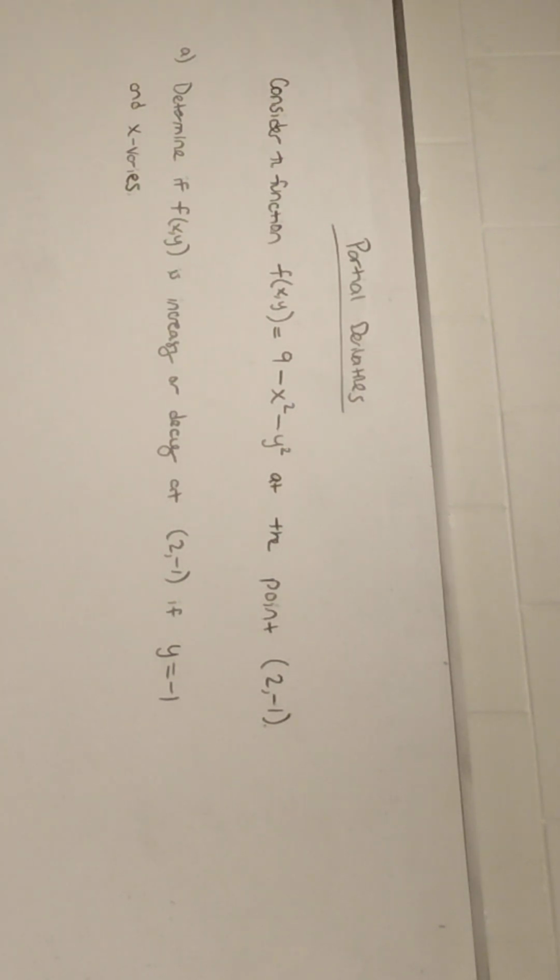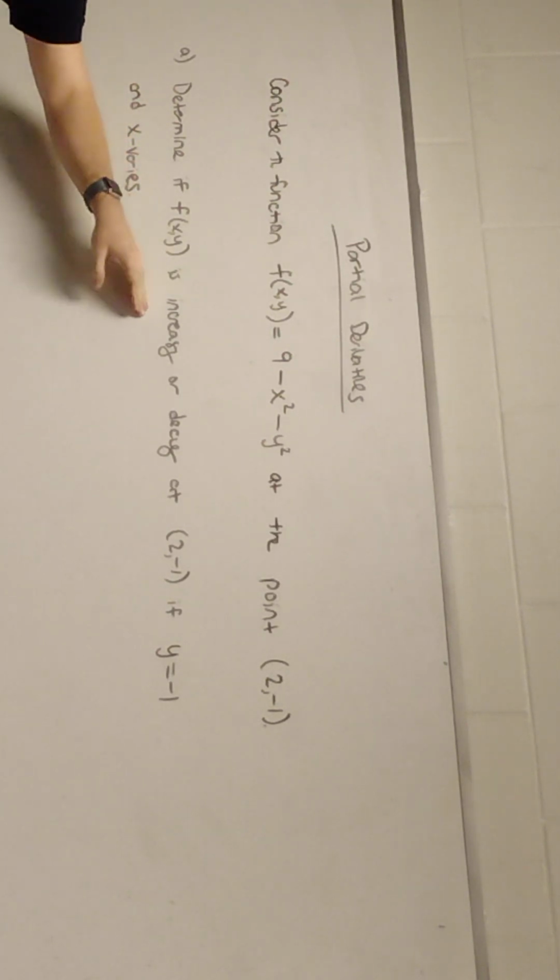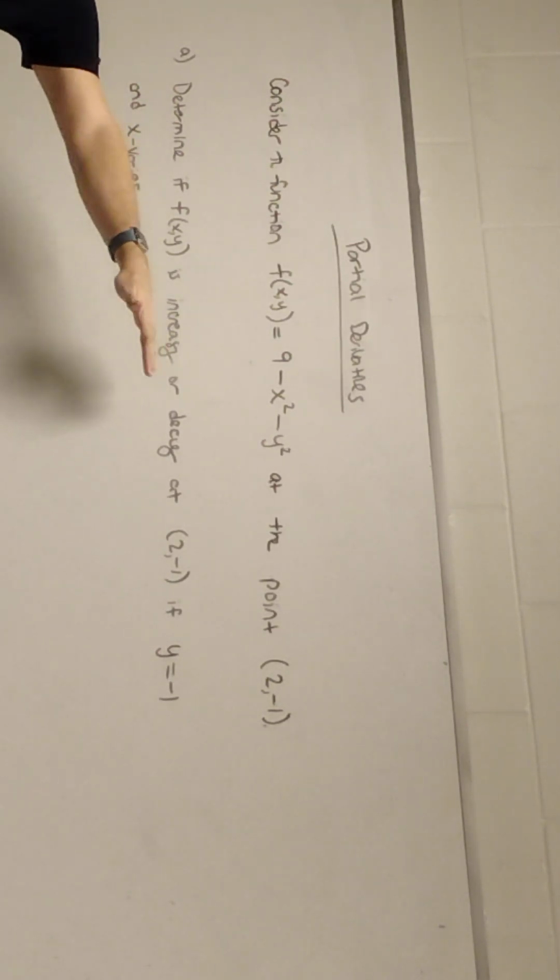So we saw a second ago the classic question from Calc 1, determine if the function is increasing or decreasing at this given x value. The language for these classic Calc 3 problems look similar but slightly different. So far it reads the same. Determine if this function is increasing or decreasing at that coordinate.